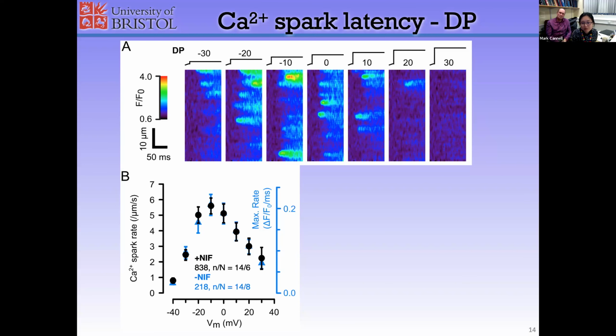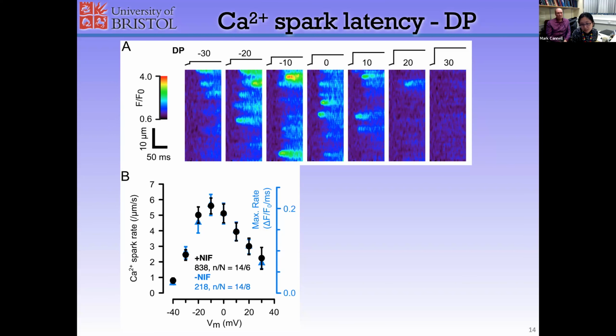So we can plot the voltage dependence of calcium spark rate in B, and that shows a bell-shaped voltage dependence, as has been shown before. And we can also compare this to the case when nifedipine is absent. So we also plot the voltage dependence of the maximum rate of rise during the calcium transient, which is a proxy for calcium spark rate.